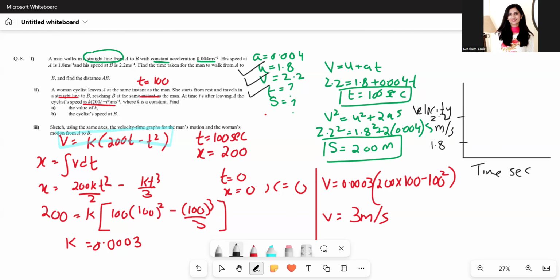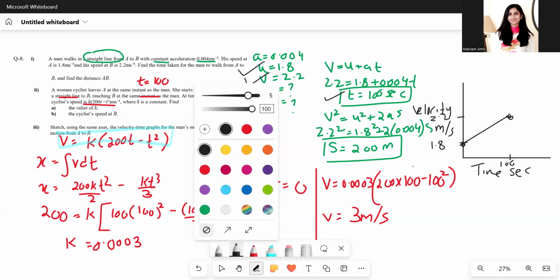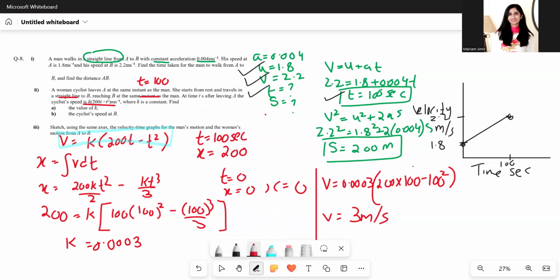And time starts at 0, and the journey takes 100 seconds. So I'm writing 100 here and making a dot here and joining this with a straight line. This is the journey for the man. And now for the woman, at time 0 the velocity is 0, and at time 100 her velocity is 3.